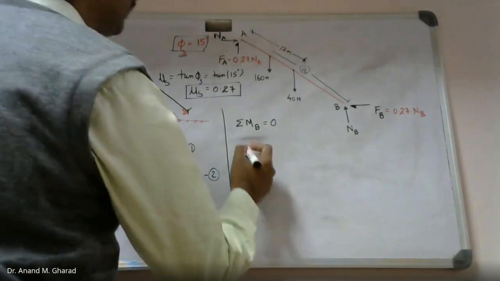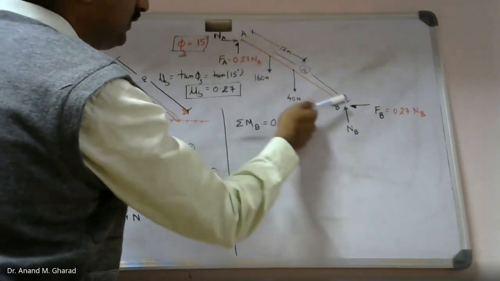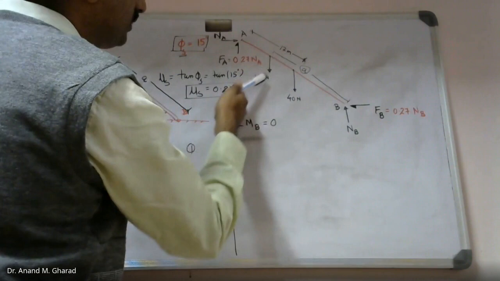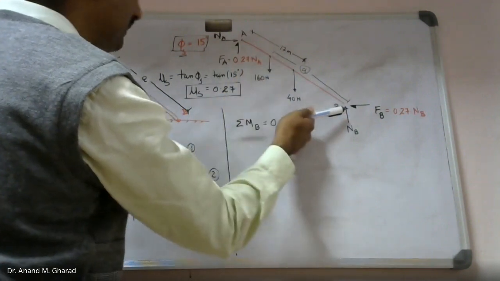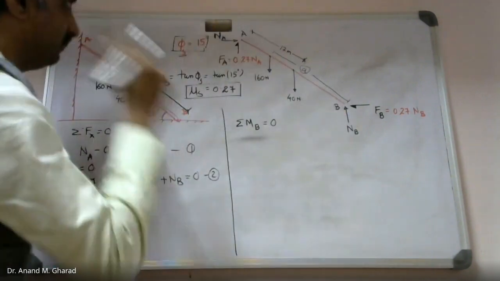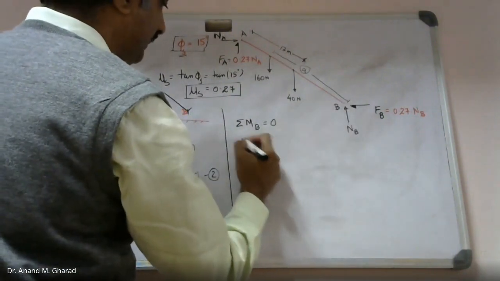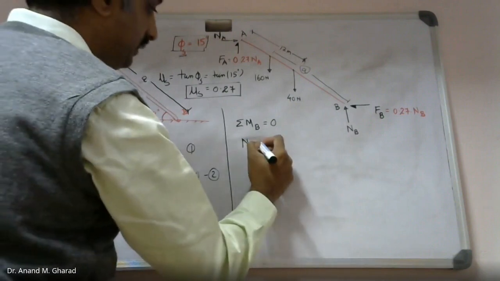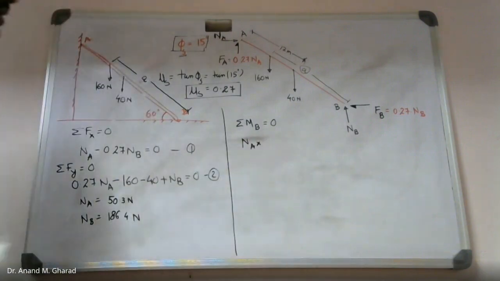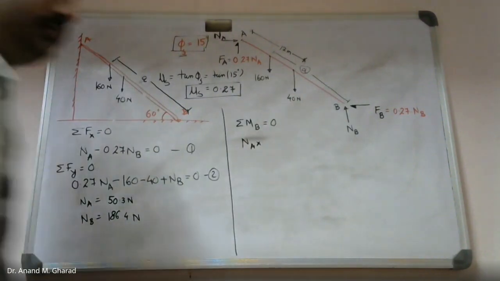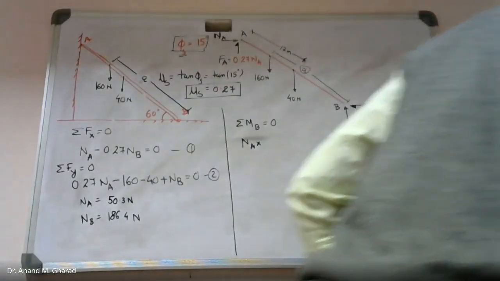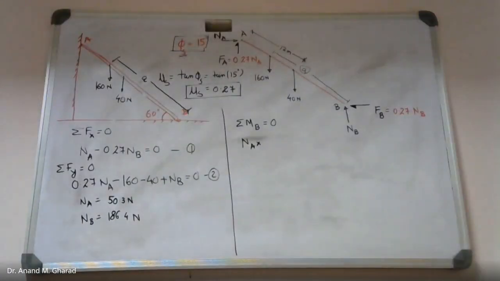Since we are considering the location of this 160 Newton from point B itself, you can take that moment about the same point B. So what are the values? NA into perpendicular distance. What will be the perpendicular distance? Please calculate the perpendicular distance.